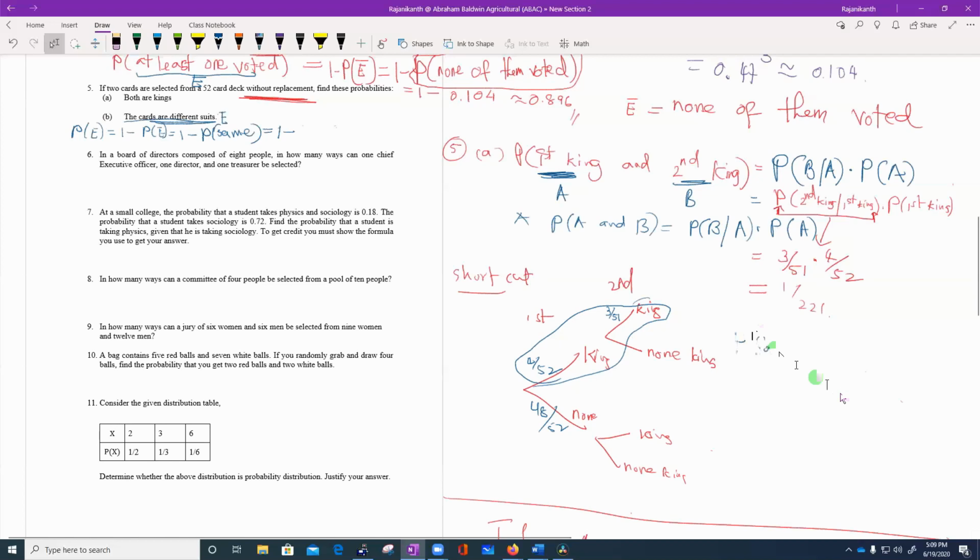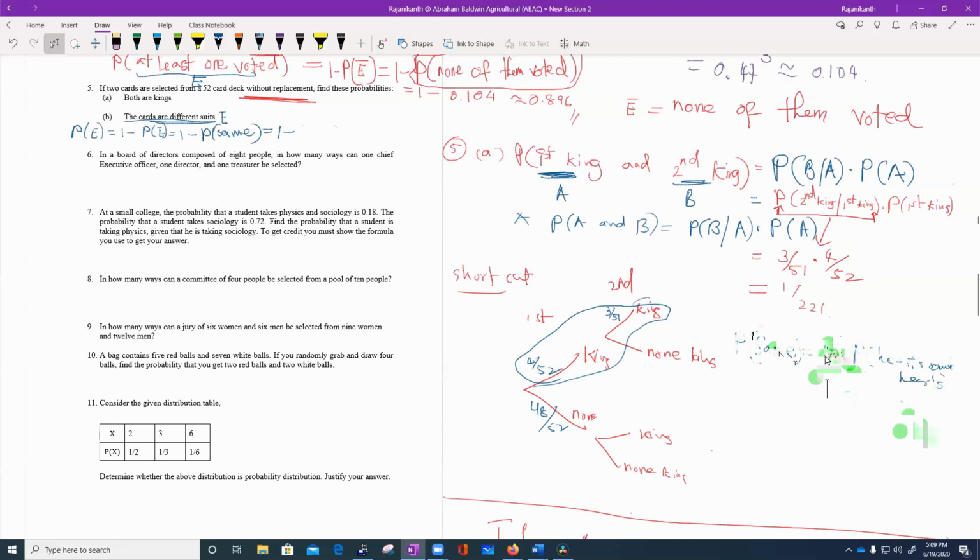The probability of same is 4 times the probability of hearts and hearts.